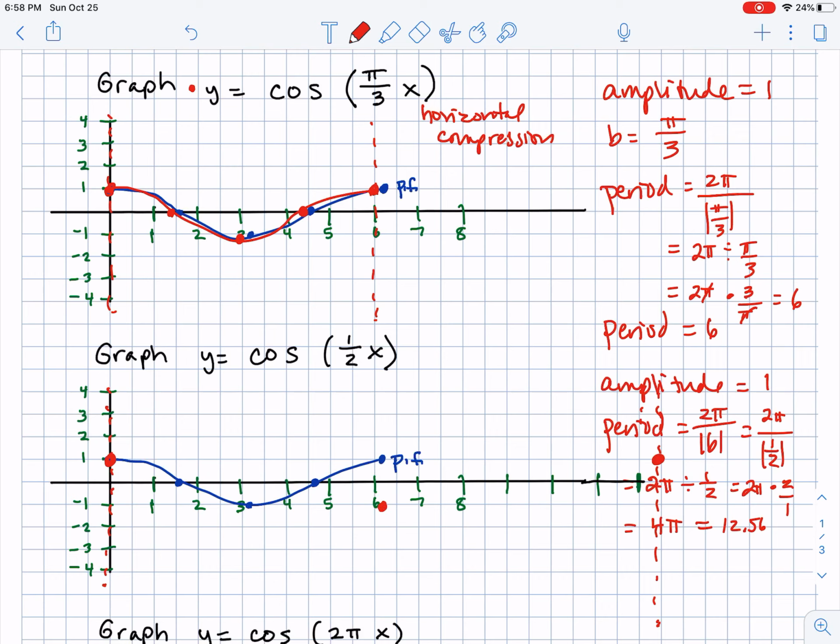And then between 0 and 2 pi, half of that is pi, so I'm going to have a 0 here at pi. And then between 2 pi and 4 pi, that gives me 3 pi. And 3 pi is about 9.42. So if I go 9.42, that will give me my other 0. Notice what happens.